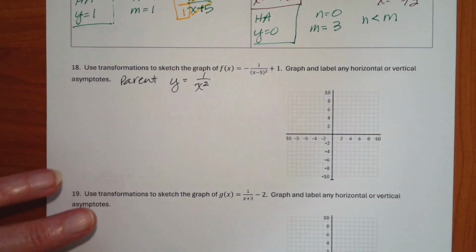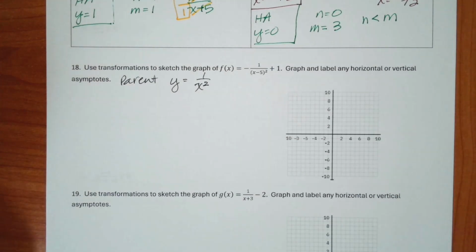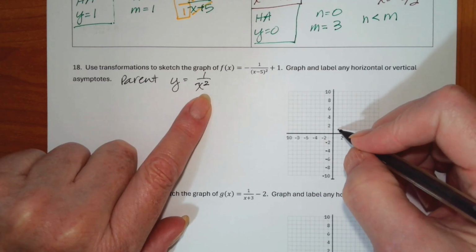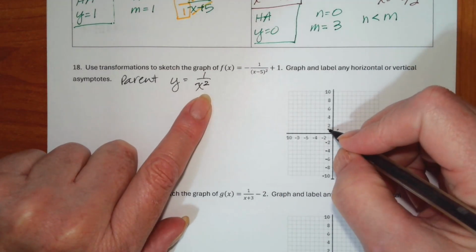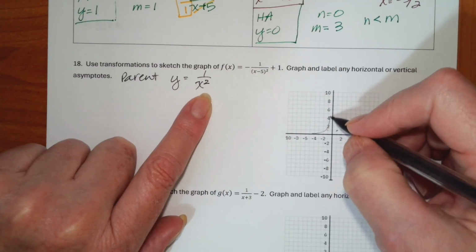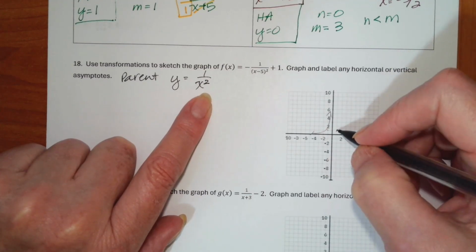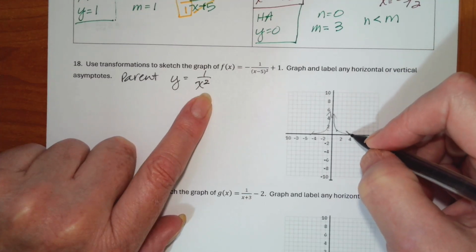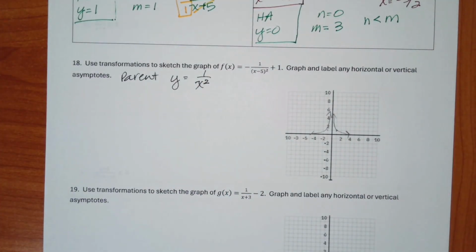And I'm going to briefly sketch that. And I always like to do it in pencil so it doesn't get too messed up. All right, so I know that the parent function looks like this. And I know that Alex wants you to be much more specific. I don't think we need to.